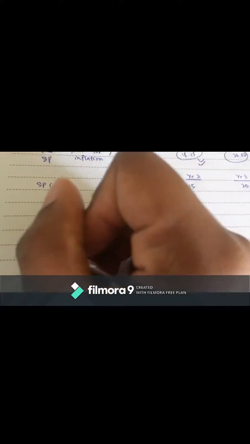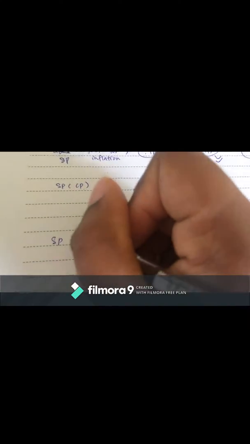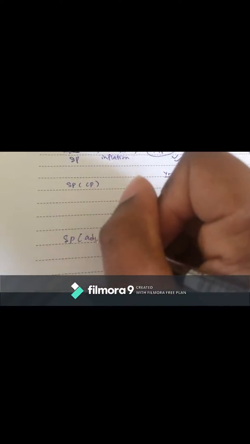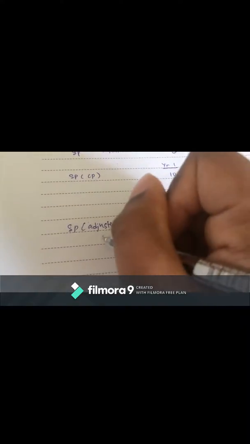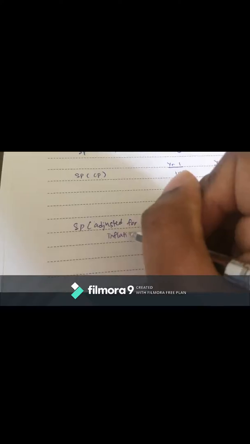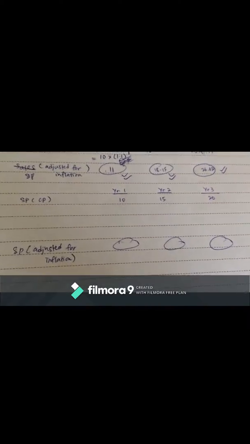We need to get the selling price adjusted for inflation, so we need to get these amounts, which include the 10% per annum inflation. So how do we get from here to here?